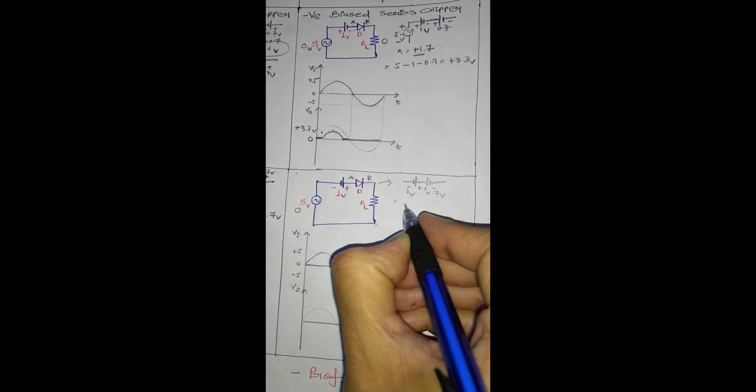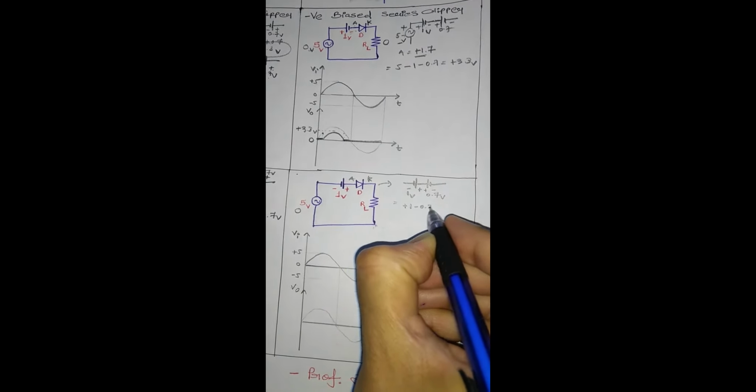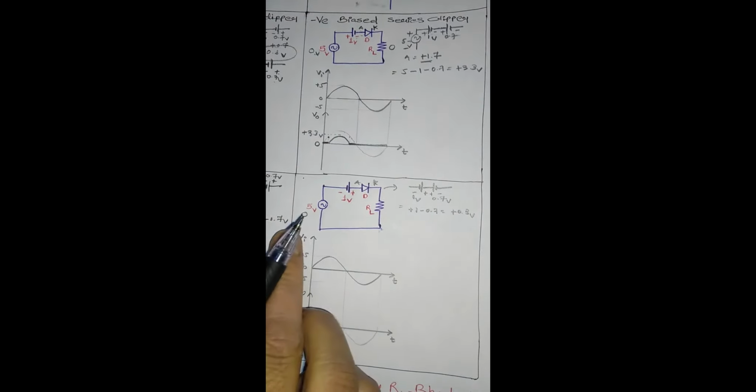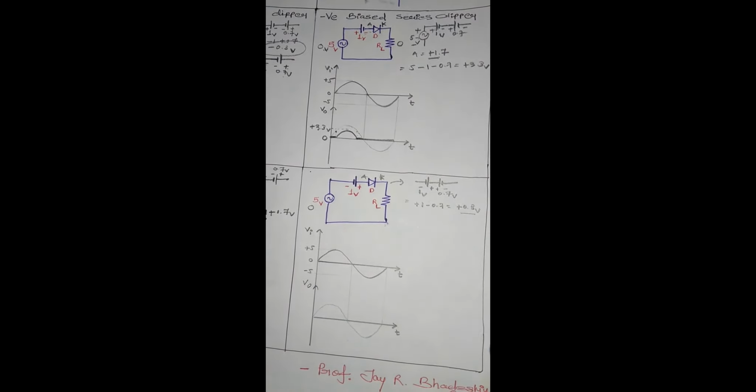So plus 1 minus 0.7 is equal to plus 0.3. So when there is no input present in the circuit, plus 0.3 volt is present at the output. So your waveform starts from plus 0.3 volt, not 0. So your waveform starts from somewhere like that, 0.3 volt, but the sign is plus.